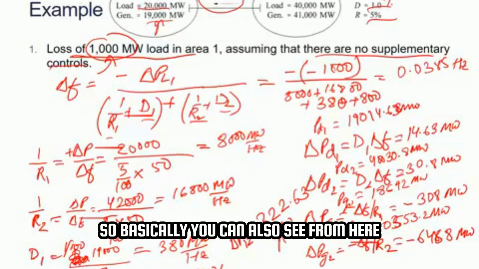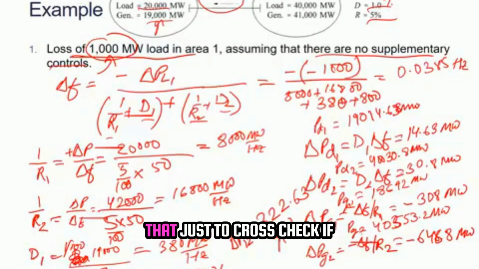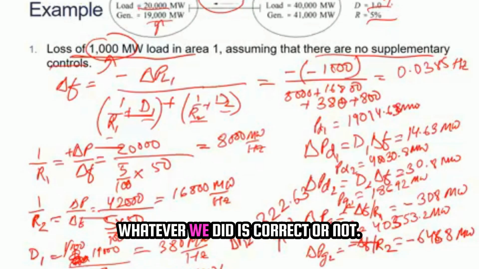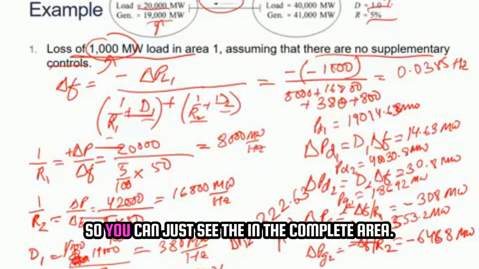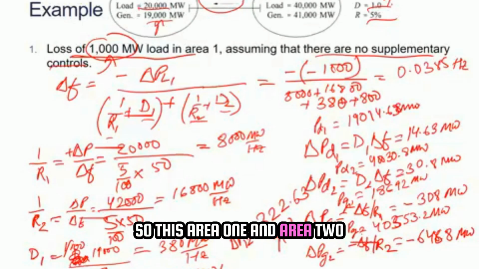Basically, just to cross-check whether whatever we did is correct or not, you can look at the complete system. Area 1 and area 2 combined is a complete system. So the sum of PG will be equal to the sum of PD.